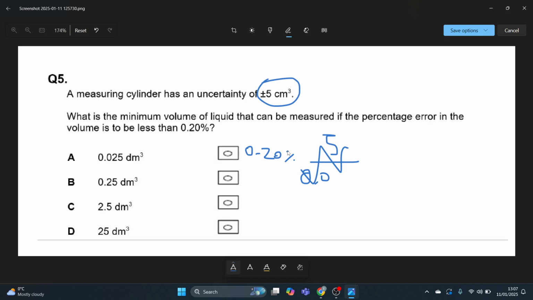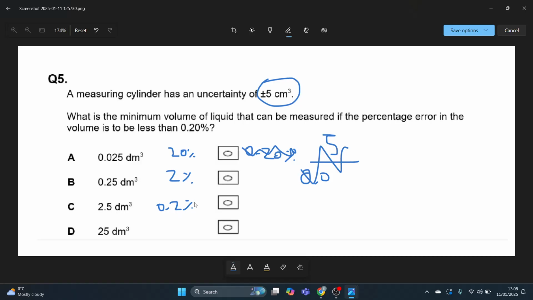So 5 divided by 25 times by 100, that's 20%. 5 divided by 250 times by 100, that's 2%. 5 divided by 2.5 times by 10 to the power 3 times by 100, that's 0.2%.